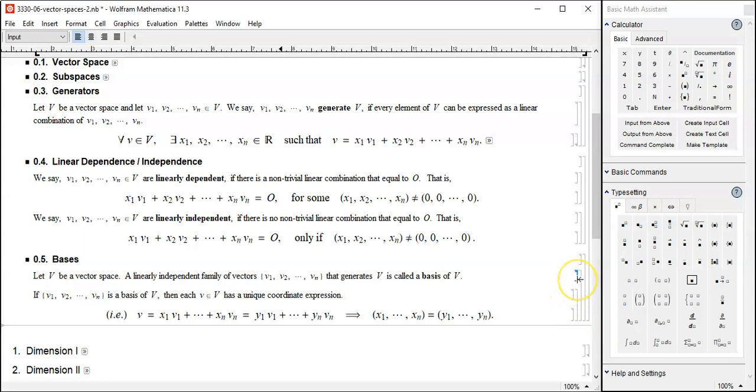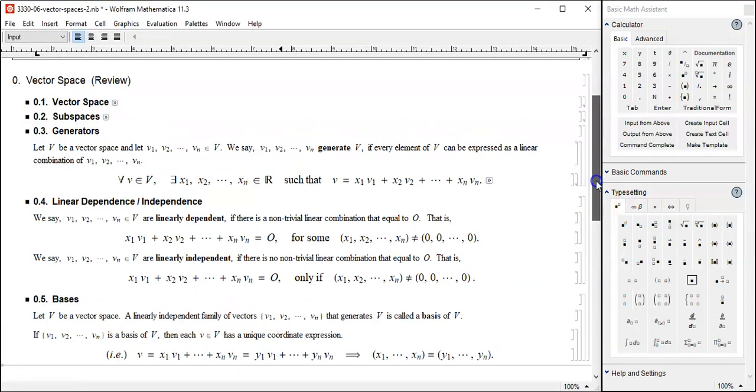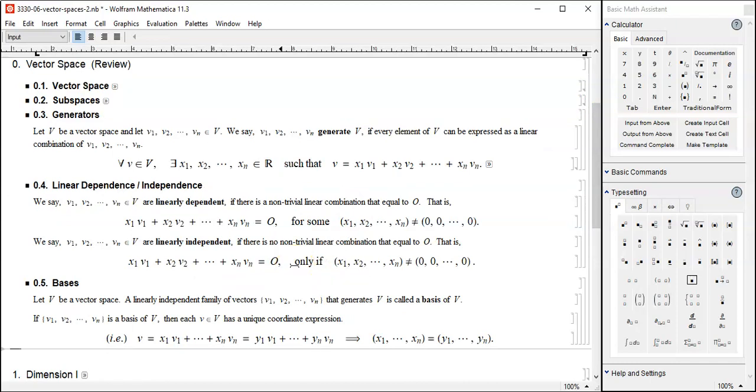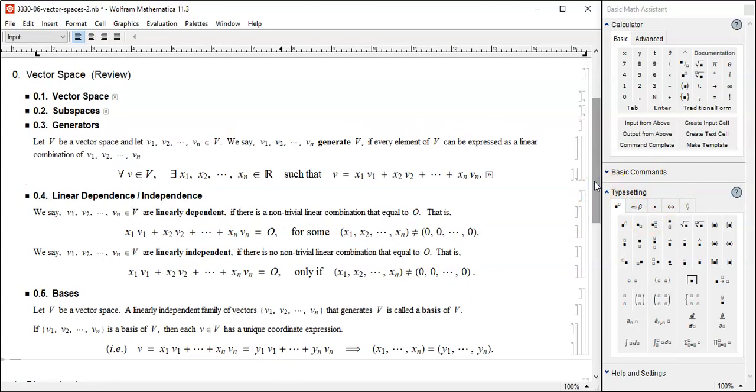So we went through a lot of important concepts. Vector spaces, subspaces, those are easy. A little bit harder ones: generators, linear independence, and then put those two together, basis. And extra knowledge, coordinate expression. Now, in order to have a generator, you'll have to have enough number of v's.